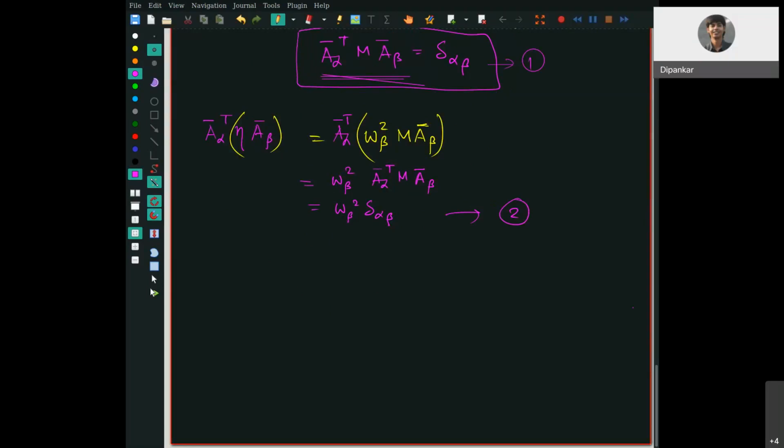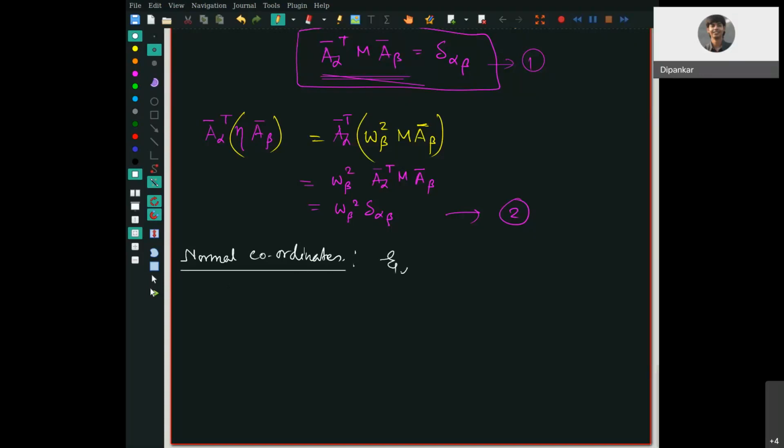We can use these two relations to define something called the normal coordinates. So now I come to the normal coordinates class. Okay. So the normal coordinates would be defined as follows. If I define a coordinate which I call xi alpha, okay, so xi alphas are defined as this.